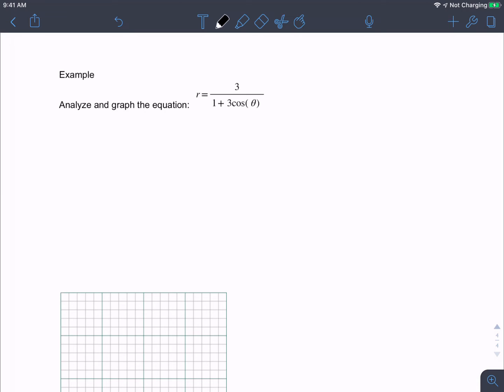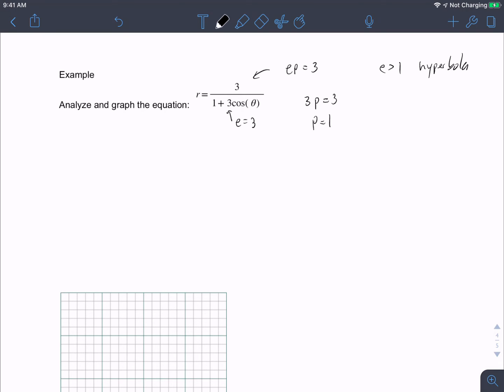Now this is already in the form that we need. So we can see this is my E, so E is 3. This is my EP, so EP is equal to 3. But we also know that E is equal to 3, so that tells me that P is equal to 1. Now, since E is greater than 1, this tells me that this has to be a hyperbola, right?